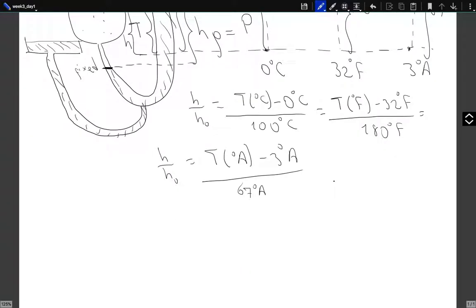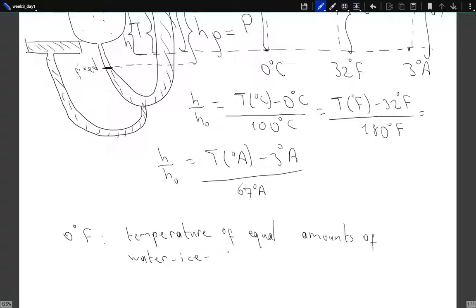Well, the choice he actually made was that 0 degrees Fahrenheit is the temperature of equal amounts of water, ice, and some salt. That was basically the coldest temperature that could be attained at that time. So he just preferred to call that 0.